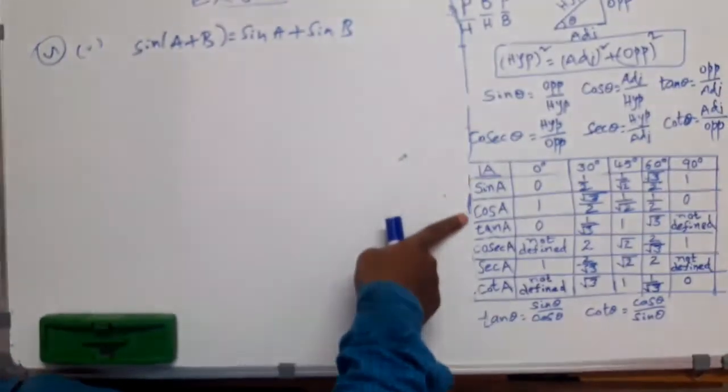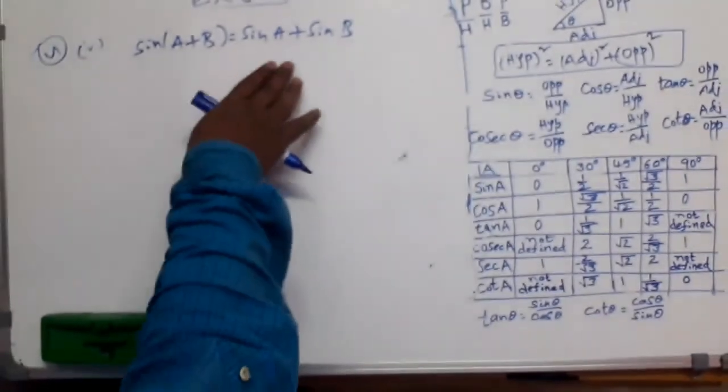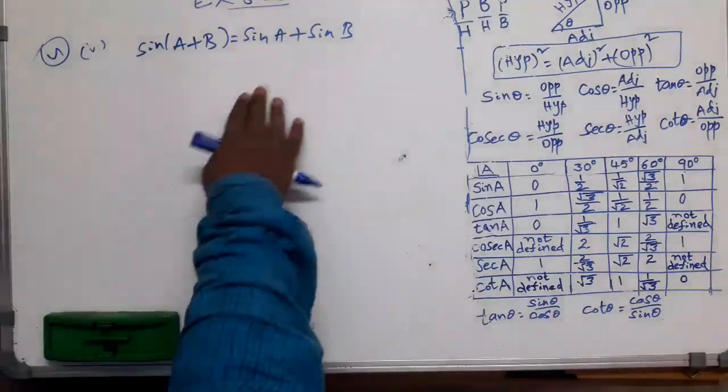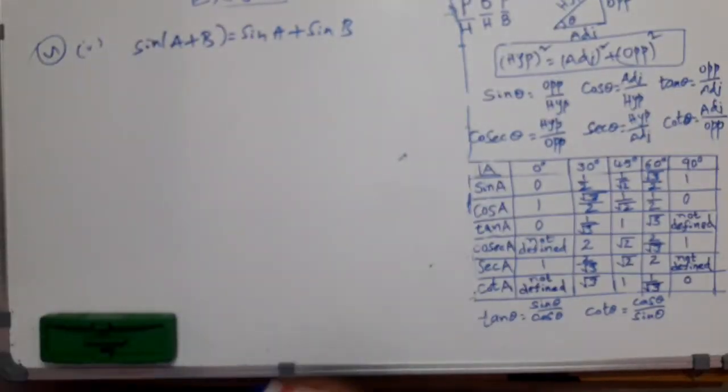What may be the possibility? Yes, one more possibility is there. He has asked you to find out whether the relation is true or false. See, if this relation is true, it is impossible for you to prove that it is true just by the verification method. So maybe this relation is false.